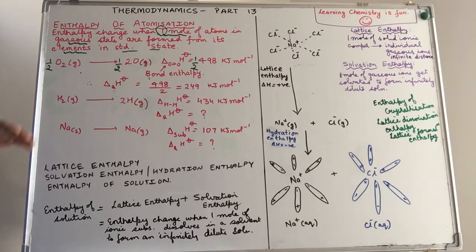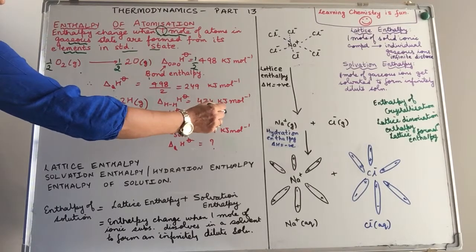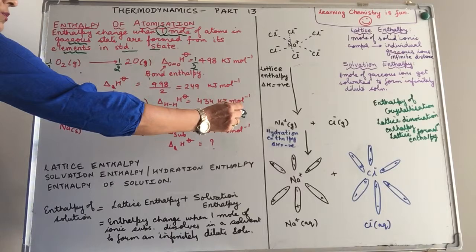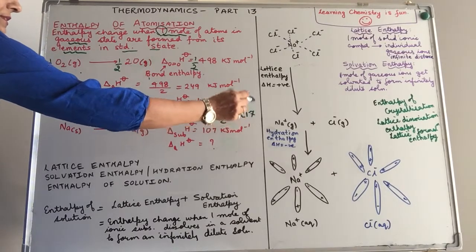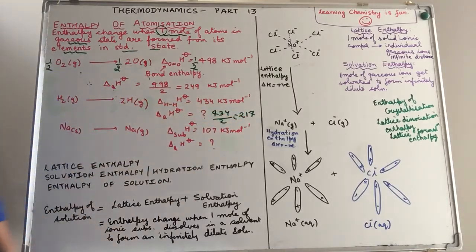Pause the video please and calculate. So we have divided by 2, 434 divided by 2, and you get 217 kilojoule per mole.